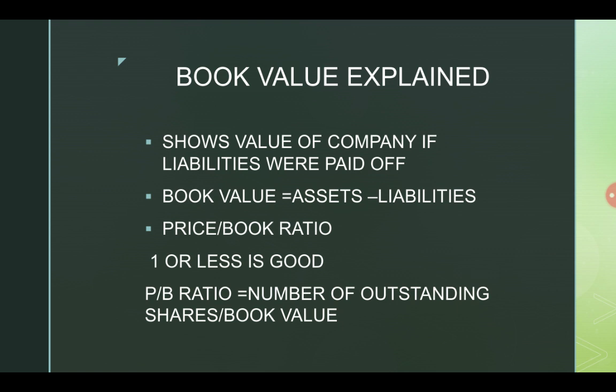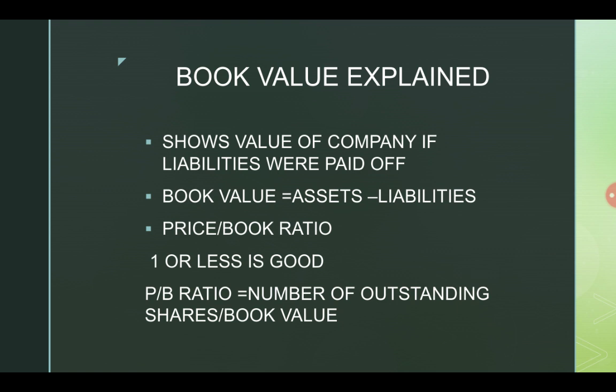A good metric to use when evaluating stocks is the price to book ratio. A lot of websites don't show the price to book ratio, but Bloomberg definitely shows it, so that's where I get my information from. A price to book ratio of one or less is good. Anything above that is very overpriced or expensive.